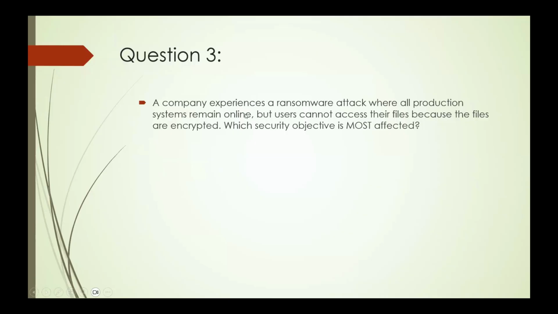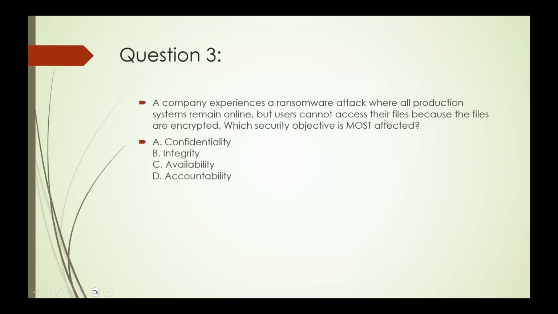Next scenario. A company experiences a ransomware attack where all production systems remain online, but users cannot access their files because the files are encrypted. Which security objective is most affected among confidentiality, integrity, availability, and accountability?